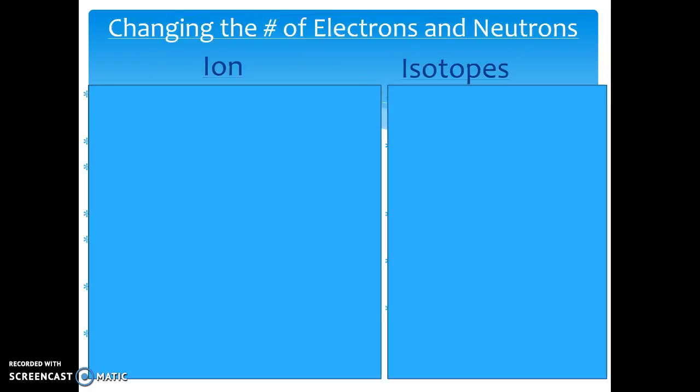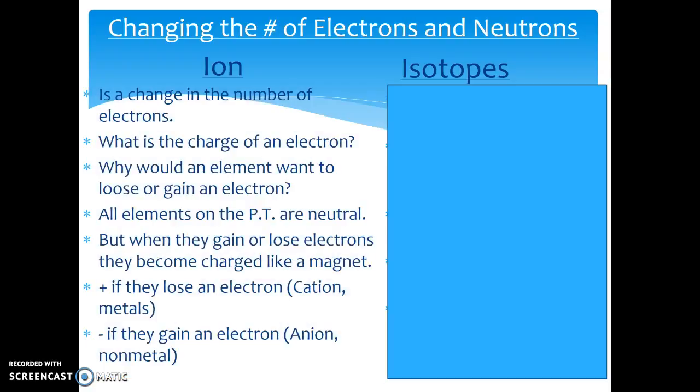Now let's get down to the nitty-gritty about changing the number of electrons and neutrons. Okay? So we've just talked about how to find our protons, neutrons, and electrons in a normal element, okay? But we know that all elements are not normal, okay? Lots of elements want to do funky things, okay? For instance, let's look at an ion.